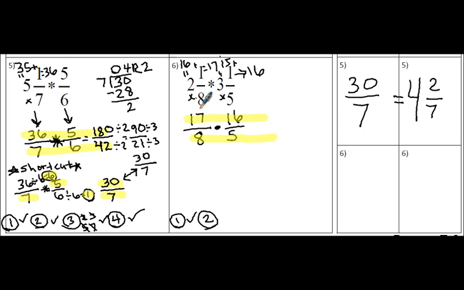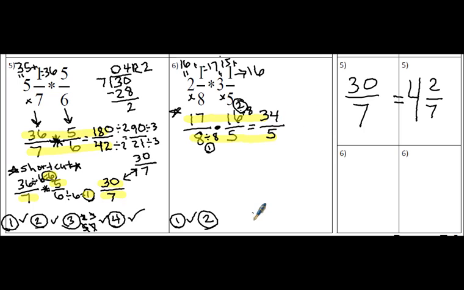17 times 16, I don't want to do that. So let me try my shortcut. I know that I could divide 16 by 8 to give me 2, and 8 by 8 to give me 1. So with this shortcut, I can do 17 times 2 to give me 34, and 1 times 5 to give me 5.